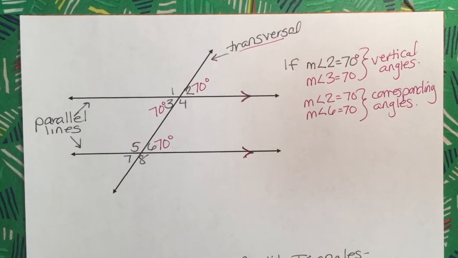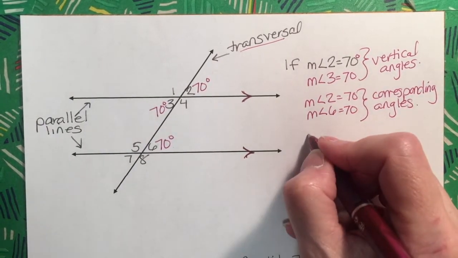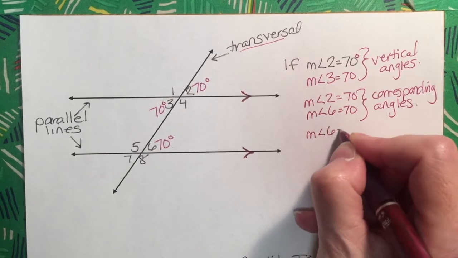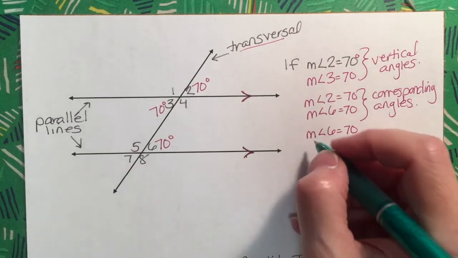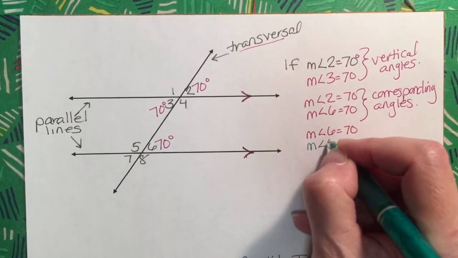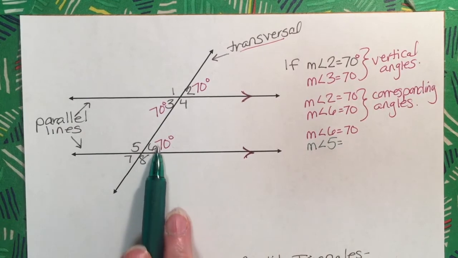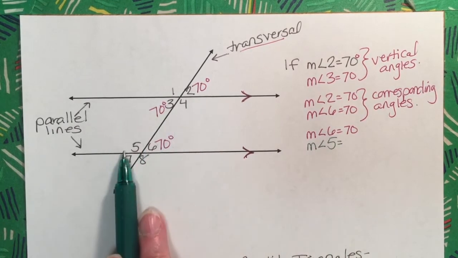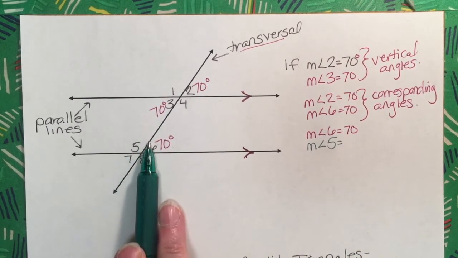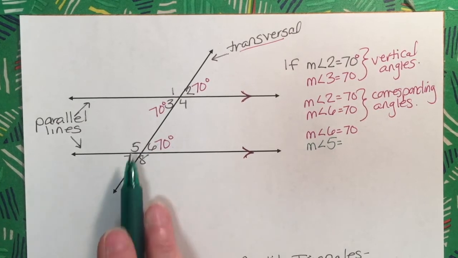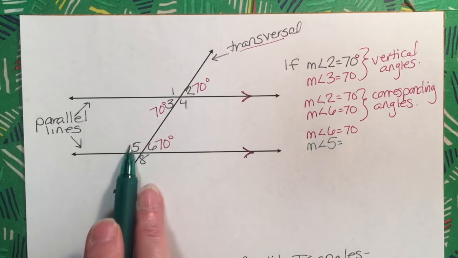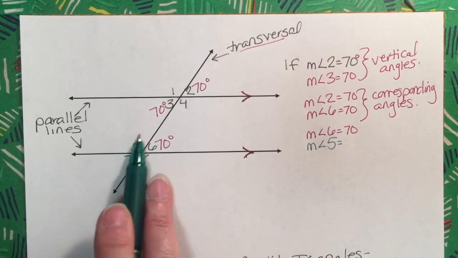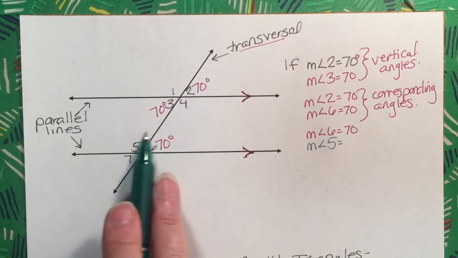All right. Now, if we know that angle 6 is 70 degrees, we also can tell that angle 5 is not 70 degrees. See how these are all acute angles? Look at angle 5. Angle 5 is obtuse. It's a much wider angle. But we know something else about angle 5 and 6. Together, angle 5 and angle 6 fill in the whole side of that line.